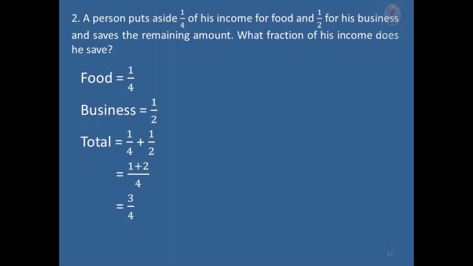Take the common denominator, that is 4. Then 4 times 1, 4. 1 times 1, 1. Plus 2 times 2, 4. 1 times 2, 2. Then 1 plus 2, we are getting 3. 3/4.